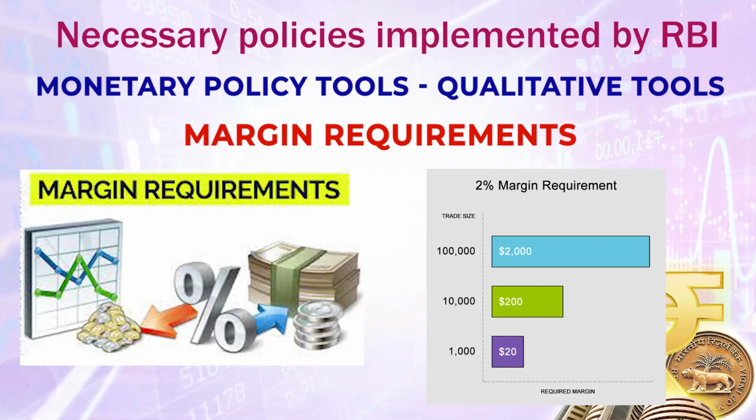When the margin requirement increases, customers are not able to take a huge amount of loan because they have to offer a huge amount of collateral also. So when there is an increase in the price level, when there is inflationary pressure on the Indian economy, the margin requirement increases so that the purchasing power of the customer is controlled.